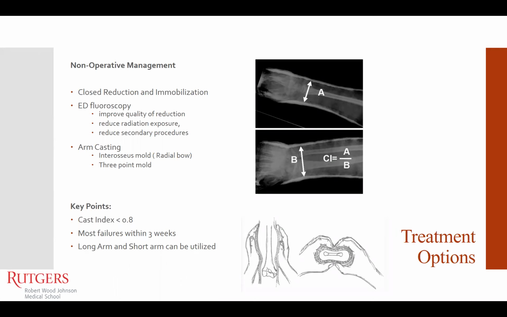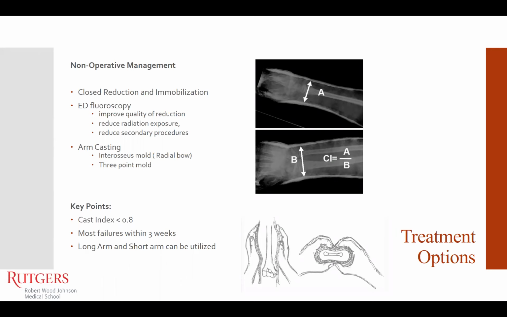You want to include anterior and posterior compression over the interosseous membrane. That can help with the radial bowing and help later on down the line have a more anatomical alignment to maintain that range of motion, as well as a three-point mold, because you want to limit any kind of failure of reduction.